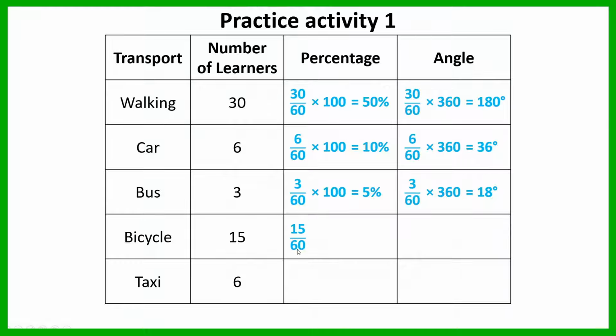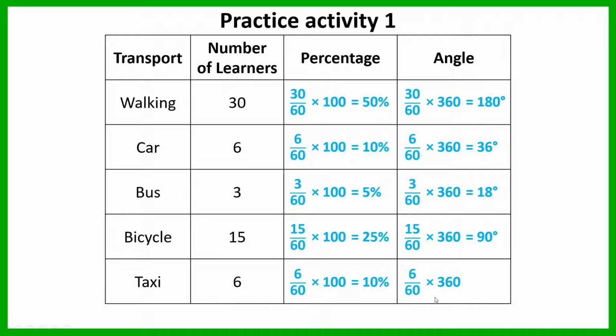For bicycle, 15 over 60 times 100 is 25%, and then 15 over 60 times 360 is 90 degrees. And then finally for taxi, we have 6 over 60 times 100, that is 10%, and then 6 over 60 times 360 gives us 36 degrees.